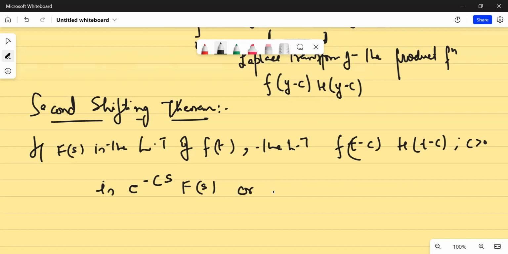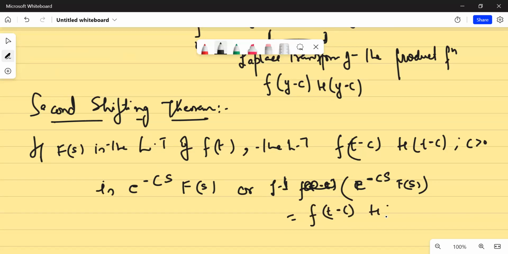Or the Laplace inverse of e to power minus cs F(s) is equal to f of t minus c into h of t minus c.